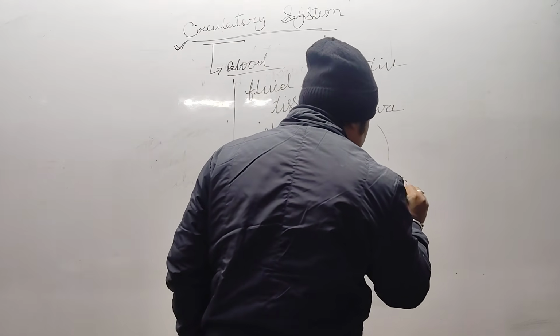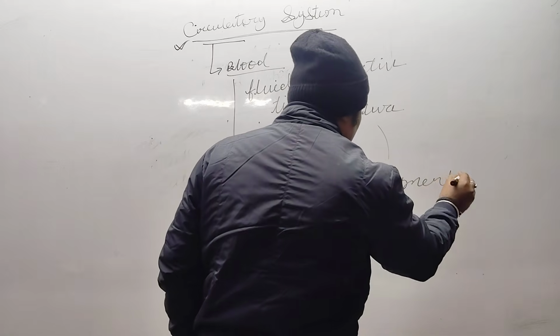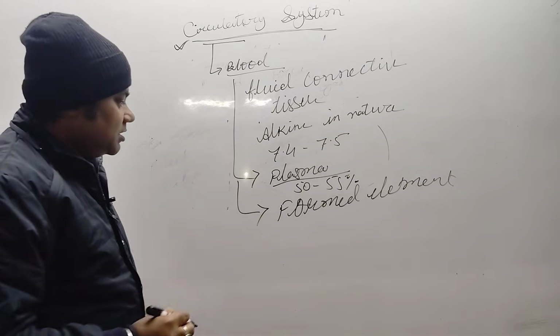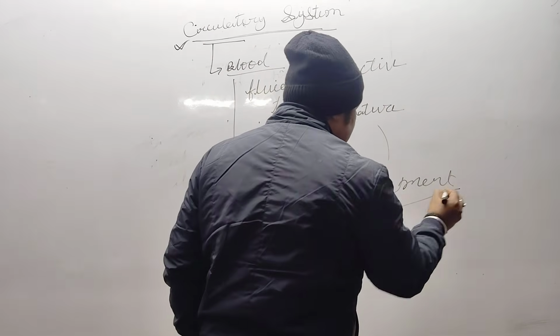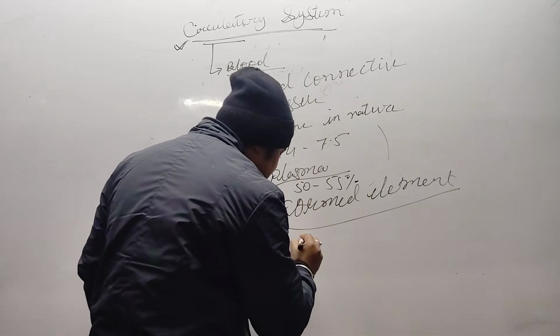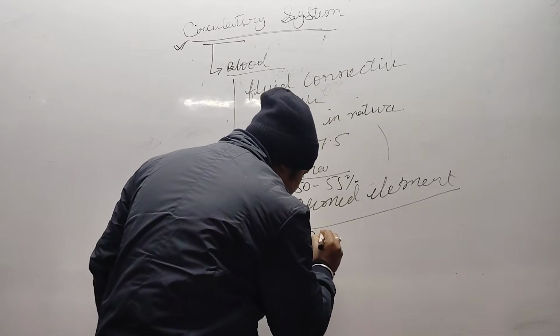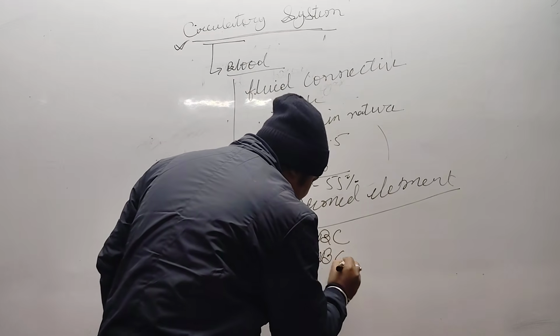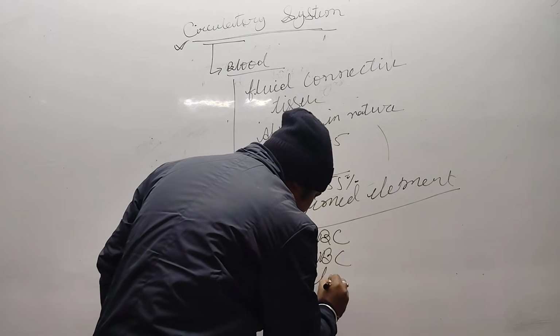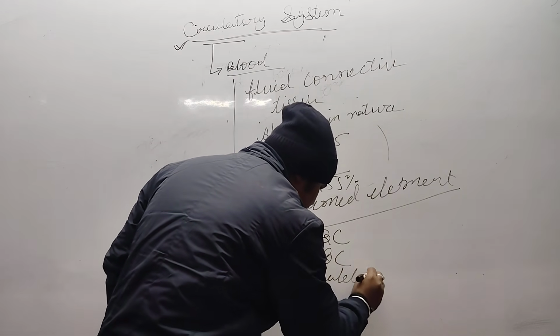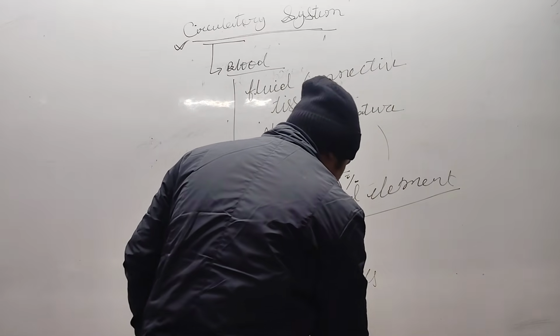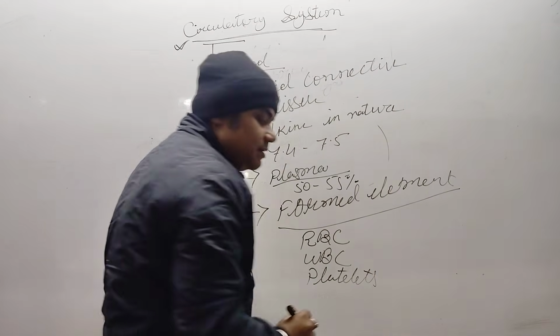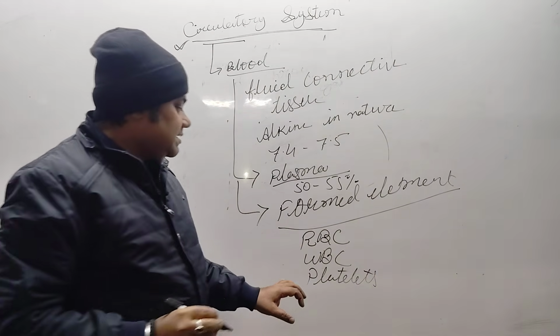If we talk about the formed elements or blood cells, they are of three types: the RBCs, WBCs and the platelets. So these three things are there.